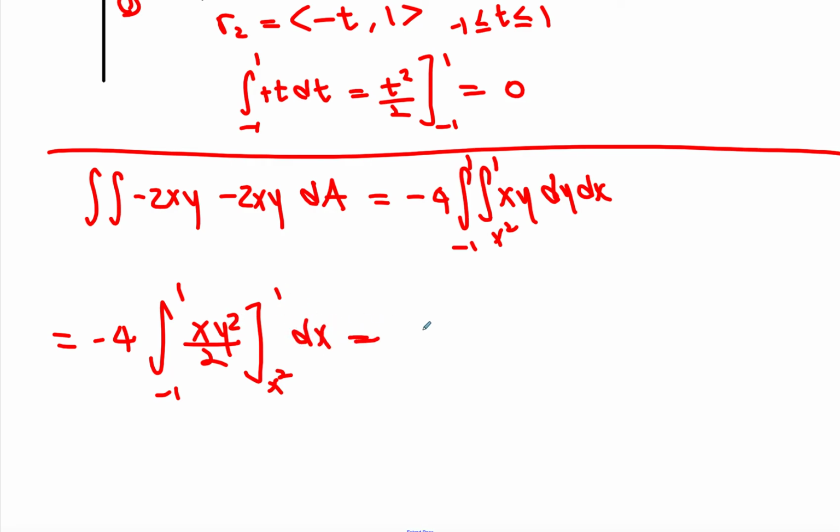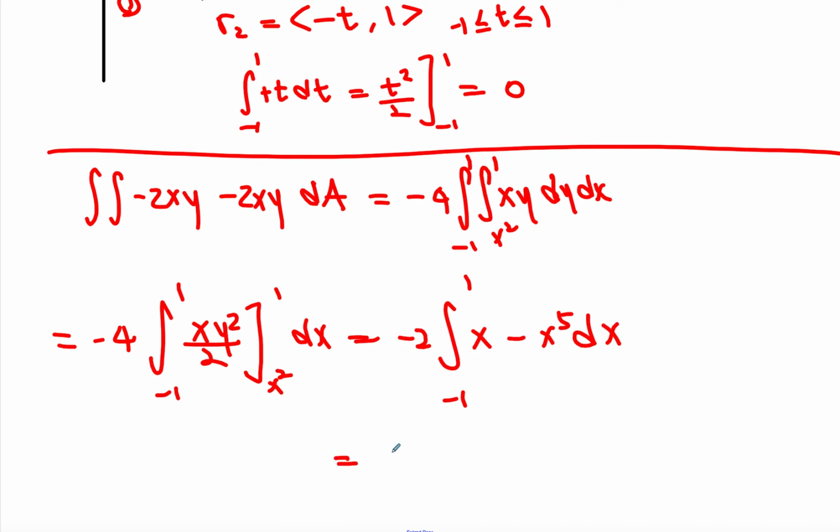Let me just bring 1/2 out, so we have -2, -1 to the +1. So then when I plug in 1 in place of y, we get x minus, and then when you plug in x squared, here we get the x to the 4th power, so x to the 5th power, and then dx.